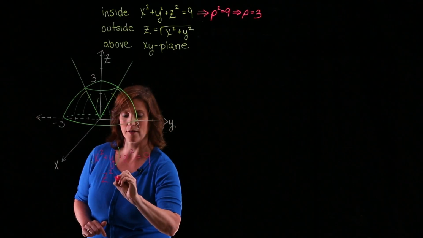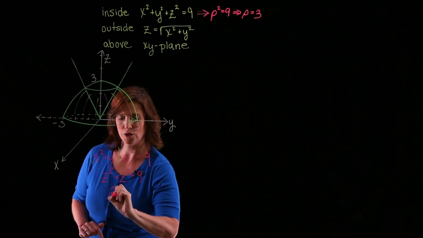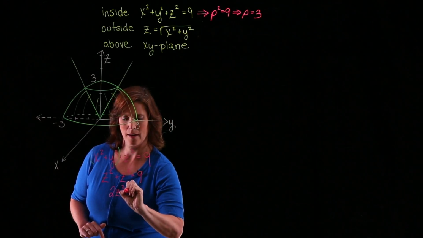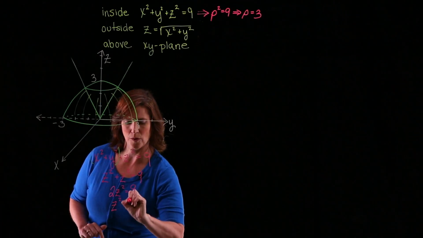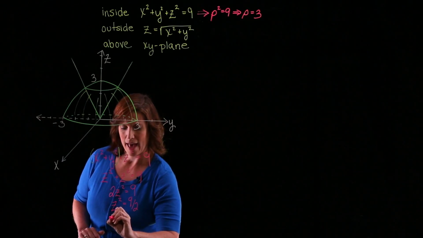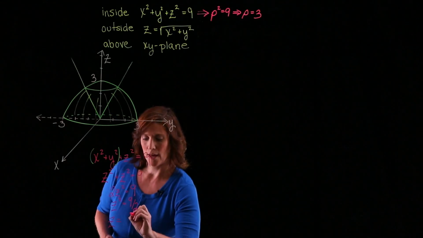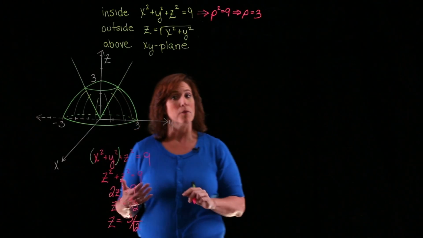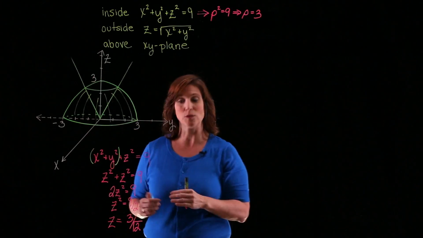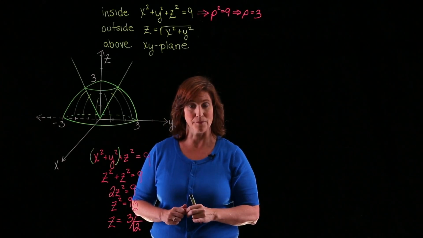So I have z squared plus z squared equals 9, 2z squared equals 9, z squared is 9 halves, and so z is plus or minus 3 over the square root of 2. But remember, because I'm all above the xy plane, I only want the positive 3 over root 2 version.